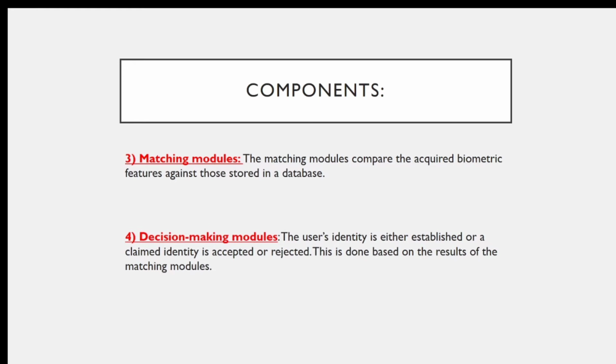The matching module compares the acquired biometric features against those stored in a database. The next one is the decision making module. Here the user's identity is either established, or a claimed identity is accepted or rejected. This is done based on the results of the matching module.